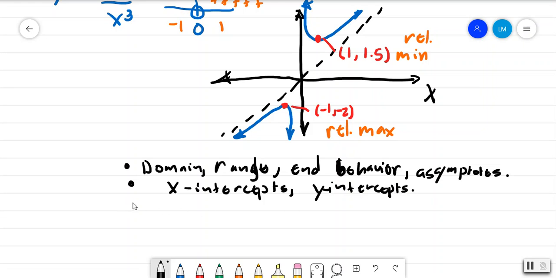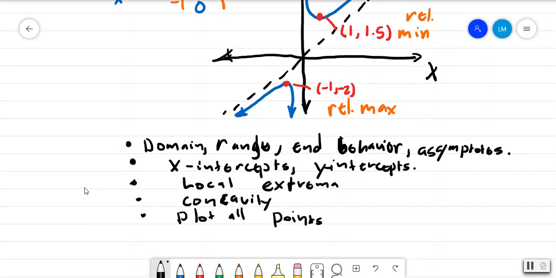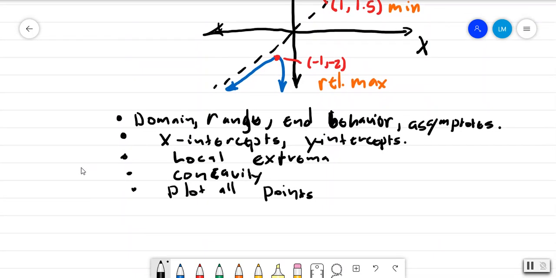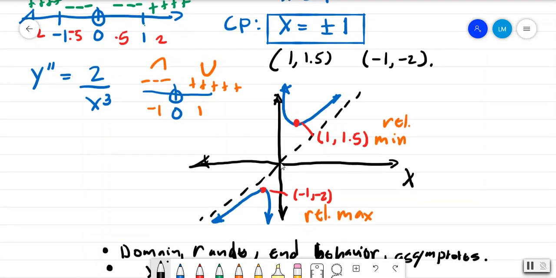Now, the rest is really just finding the local extrema and then finding the concavity. And then the remaining is basically just plotting all points. By that I mean relative extremas and concavity and all that stuff. It should be noted that in this previous example there was no inflection point.